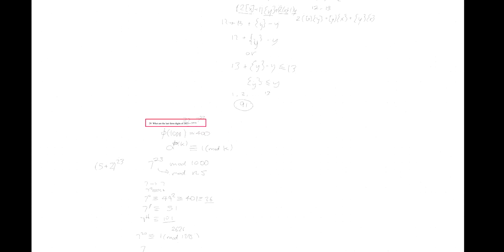So it's just going to be 7 to the 3, which is 343, which is also going to be 93, I believe. And then somehow 7 to the 23 mod 8 is just -1.